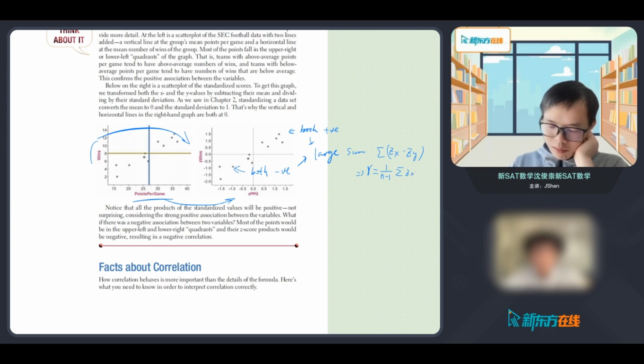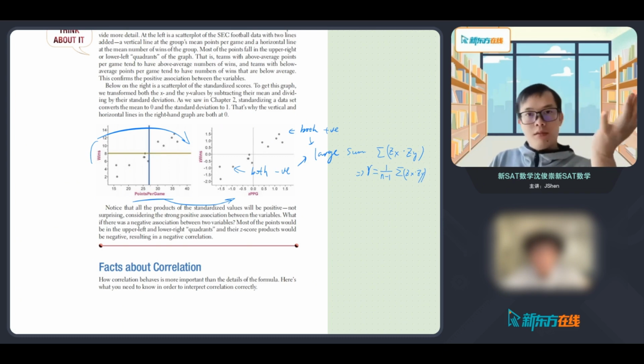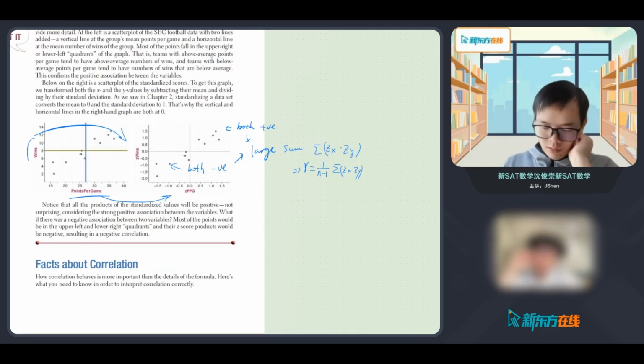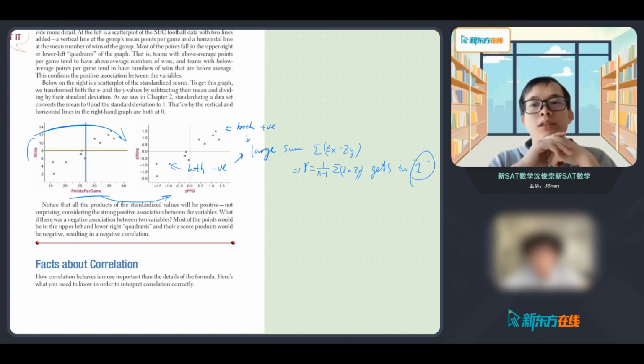And so R is equal to the sum divided by n minus 1, right? So it gets close to 1. Now n minus 1 is a constant.